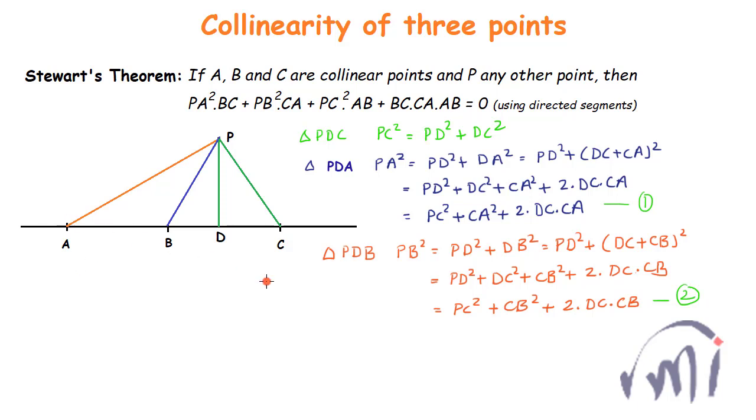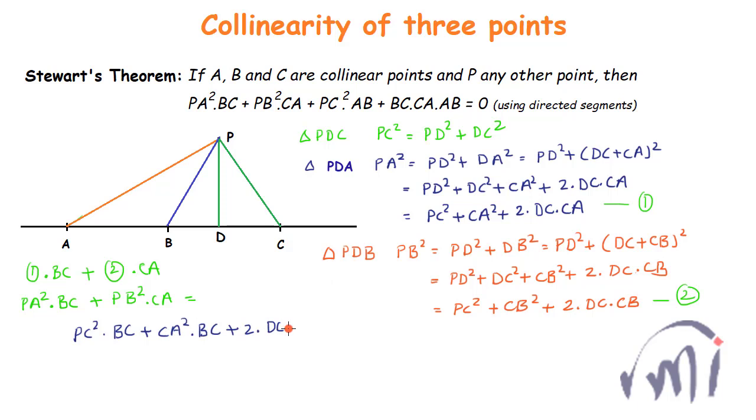What I'm going to do next is multiply equation number 1 with BC, so 1 dot BC, and then add it to equation number 2 dot CA. So this will be equal to PA square dot BC plus PB square dot CA, and this will be equal to PC square dot BC plus CA square dot BC plus 2 times DC dot CA dot BC plus PC square dot CA plus CB square dot CA plus 2 times DC multiplied by CA multiplied by CB.